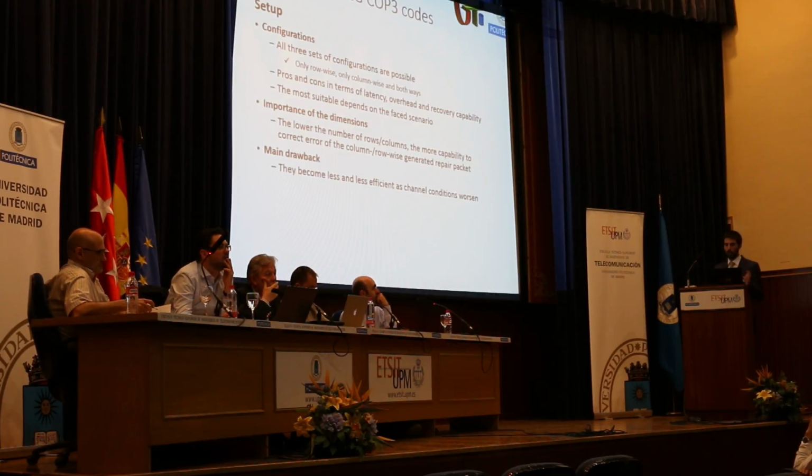So the number of columns and the number of rows will make these repair packets more or less reliable. As I said before, the main drawback of these COP3 codes is that they become less and less efficient as channel conditions grow less favorable.